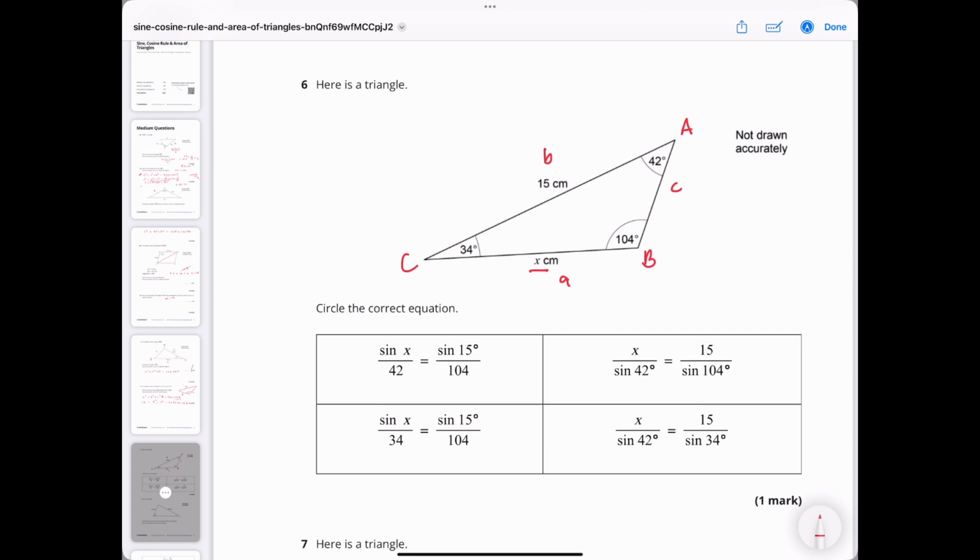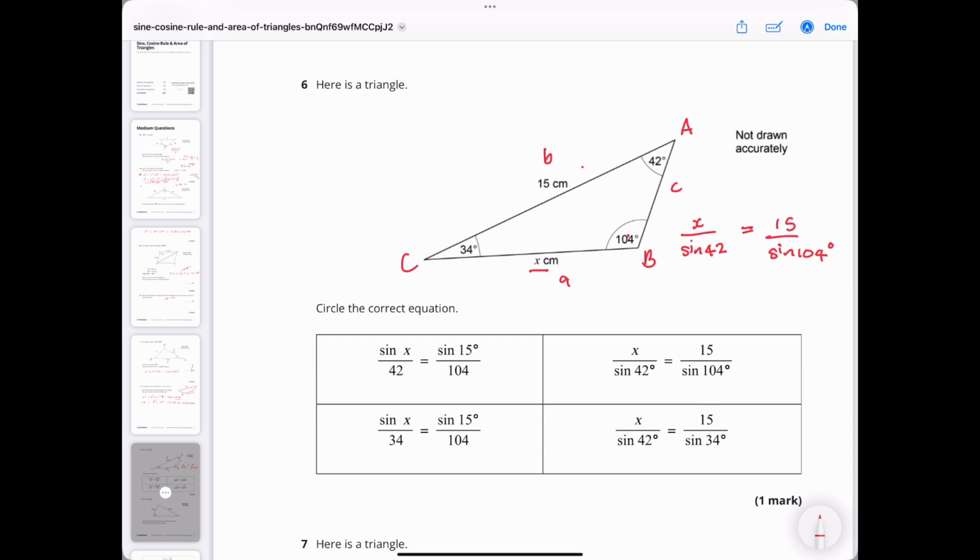Now, if I'm trying to find a side, I put the side on top. So I know that x, or a, let's put x, over sine 42 equals, and the only one I can use is 15 over sine 104. So what you do is you match them up and then you put them down in this way.